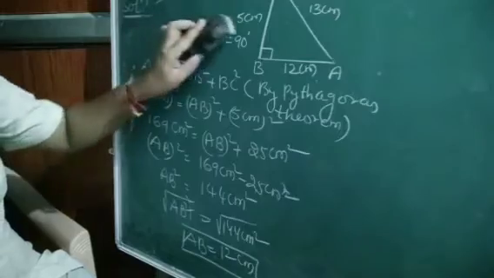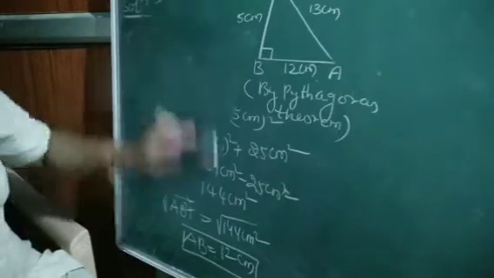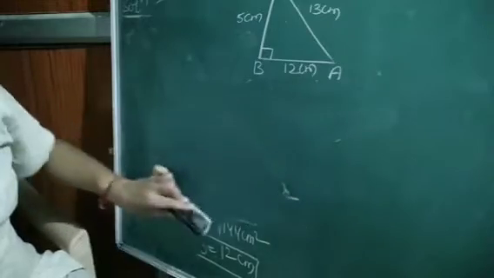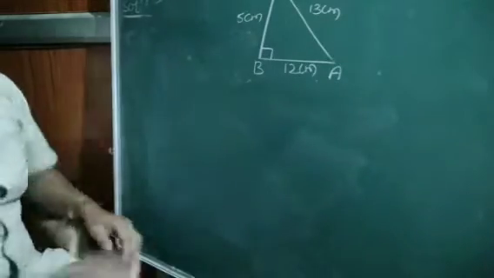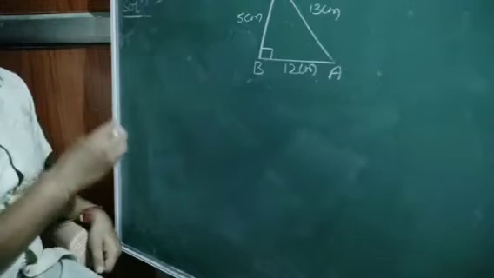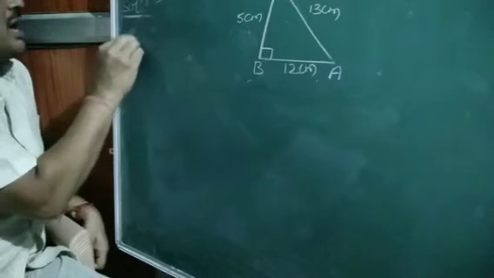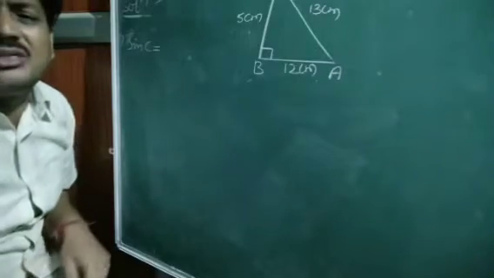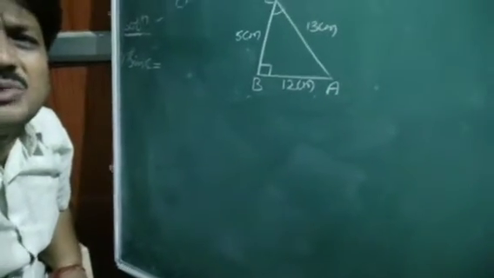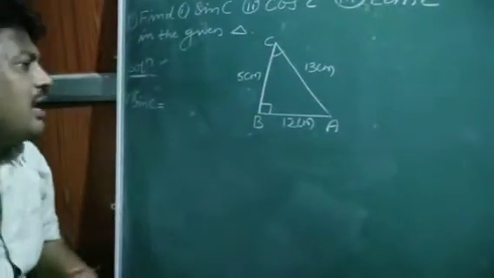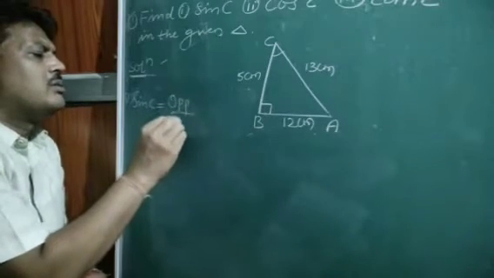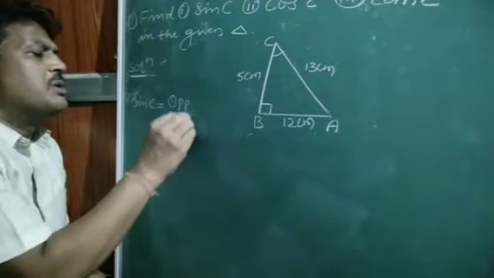Simply I am going to rub it and going to find out the answers of the asked questions. Question number 1. What the question is? Sin C. What is the formula of sin theta children? Sin theta formula is opposite upon hypotenuse.